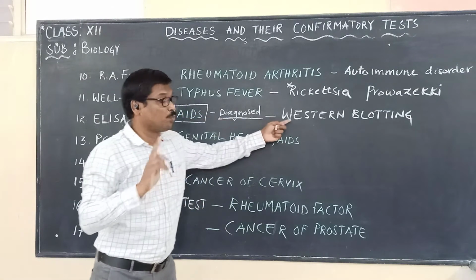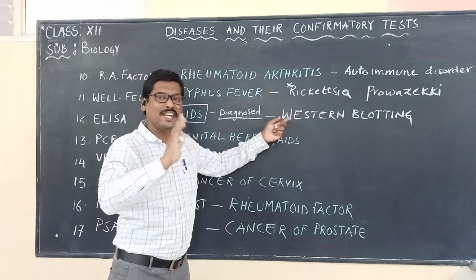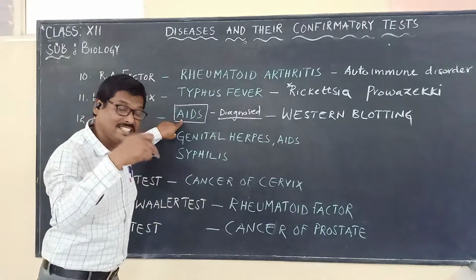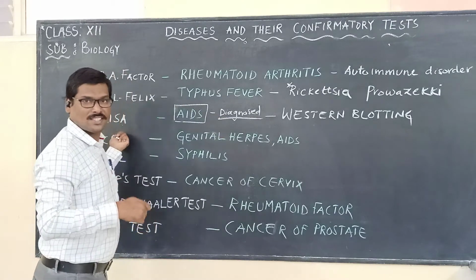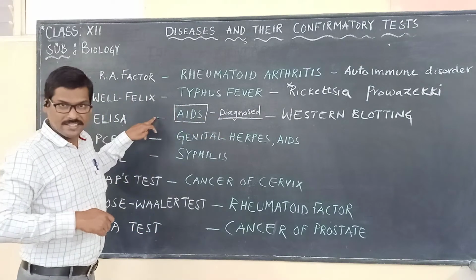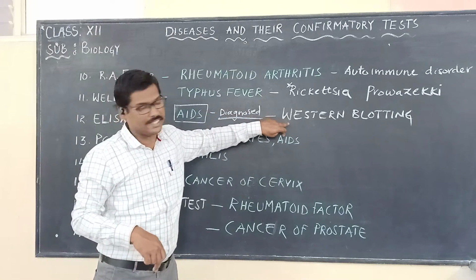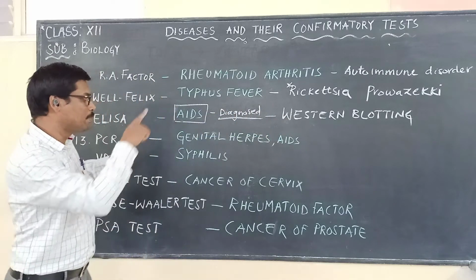So please remember, Western blotting technique is used to confirm AIDS. But AIDS is diagnosed by the ELISA test and it is confirmed by Western blotting technique.